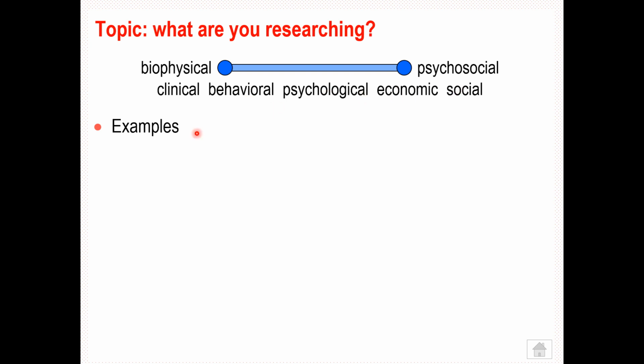So here we will deal with an example: suppose you have a particular student, a particular researcher, who wants to do research in a particular field. How can you identify a proper topic for that student, or how can the student identify a research topic for himself? So here we have some examples.